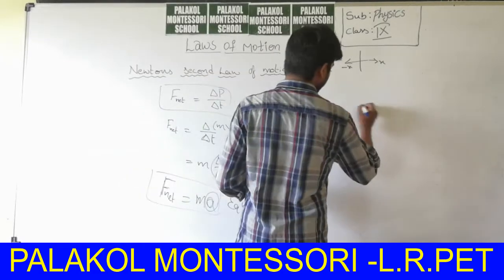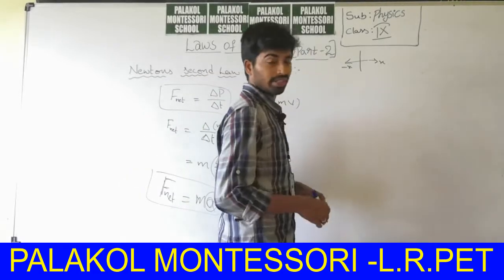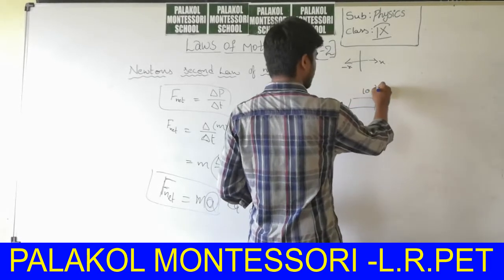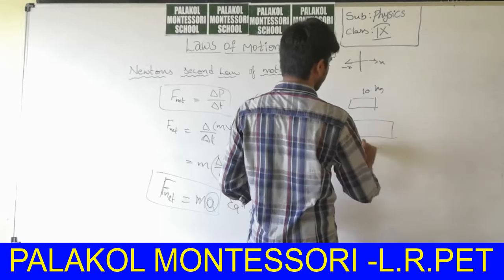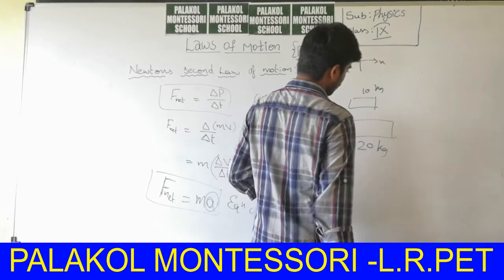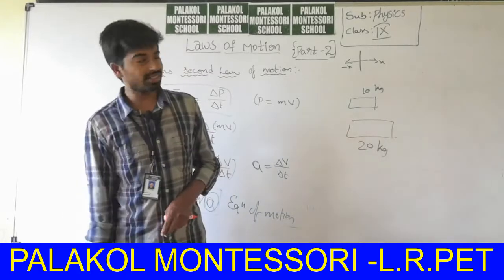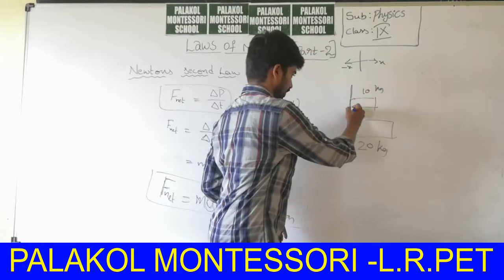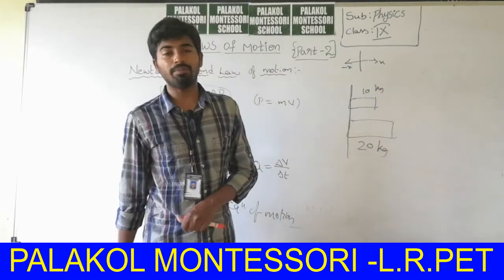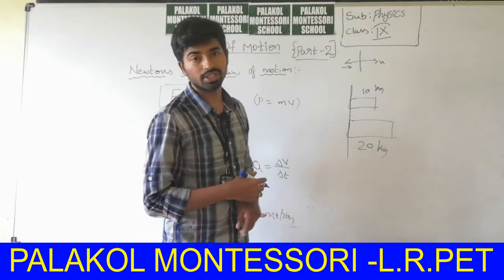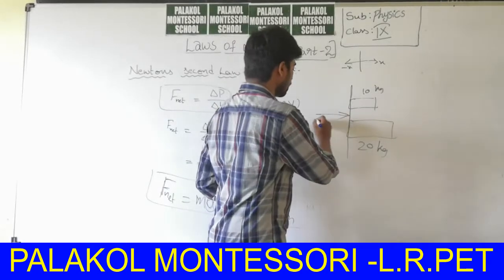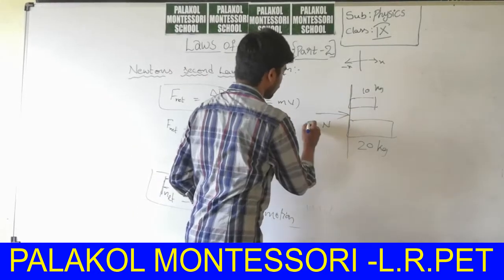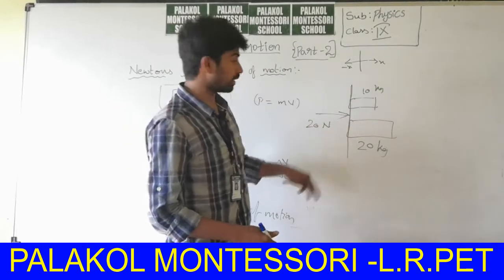Let us consider two objects. The mass of this object is 10 kgs and the other one is 20 kgs. Let us say you have applied 20 newtons of force on these two objects.